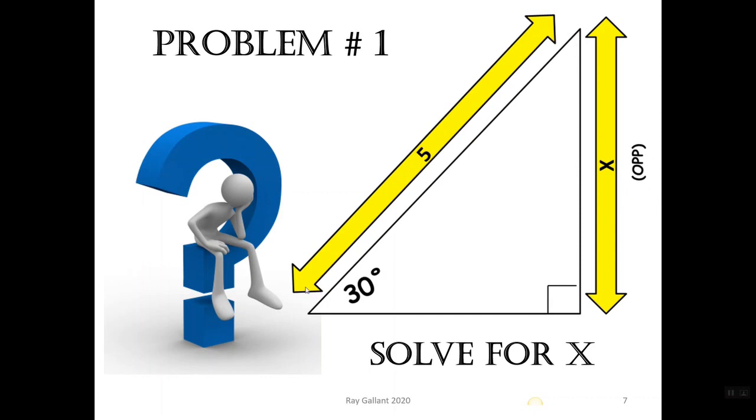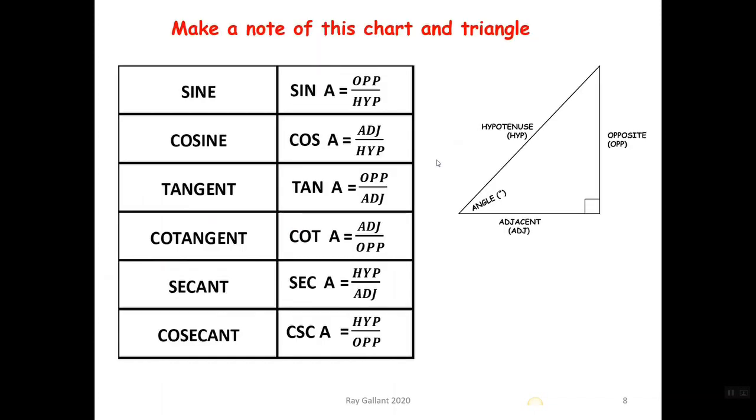The longest part of the triangle is called the hypotenuse. So what we have is a question. When we solve our questions, we want to solve for what's on top. So we're going to put our opposite on top over our hypotenuse. So if we look, opposite over hypotenuse is going to be sine.